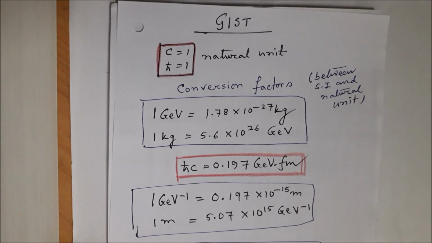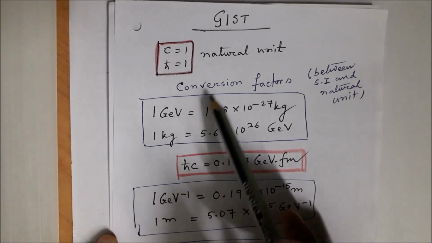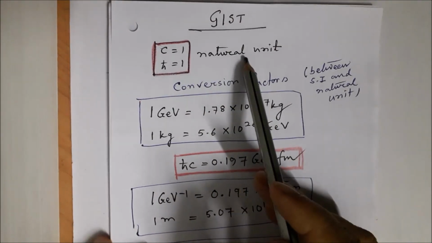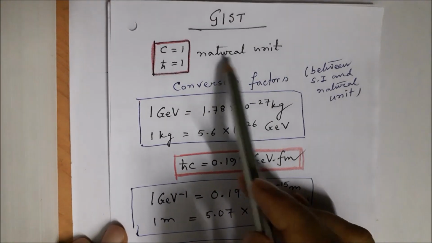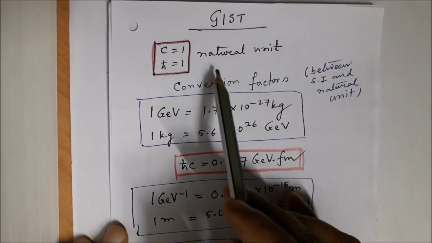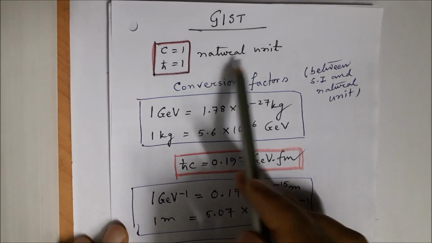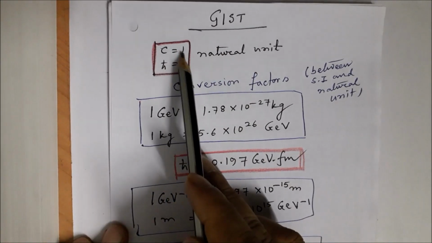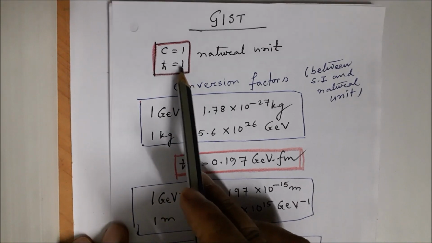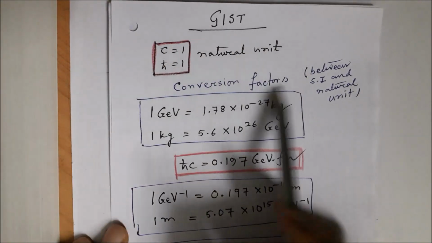Let us now make a gist of what we did. Natural unit was described in detail, and natural unit means putting c equal to 1 and h cross equal to 1. This is done in particle physics.